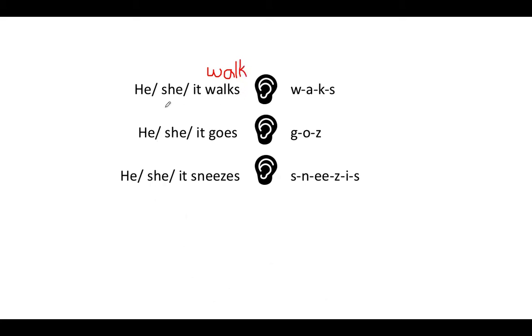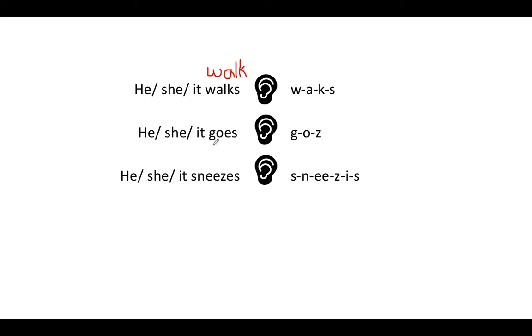But since it's he walks, she walks, it walks, the way it's pronounced is if you just said, the way it sounds is w-a-k-s, walks. So even though there's an L in there, you would say it like this, walks. And again, he goes, she goes, it goes.